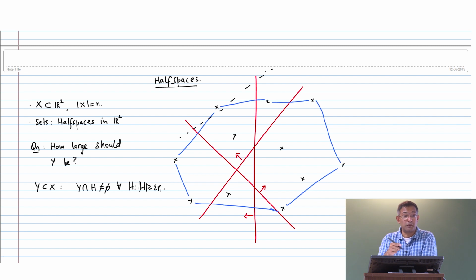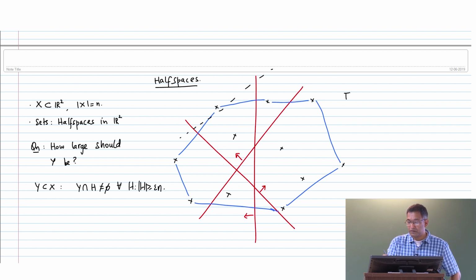No, for a fixed epsilon. Assume epsilon to be fixed. If you like, choose epsilon to be 1/10. For every epsilon, you build an epsilon net. So if you change epsilon, then you build a new epsilon net. Okay?